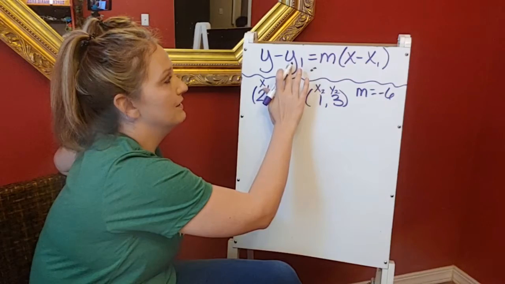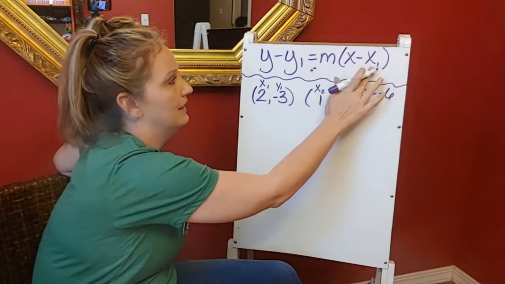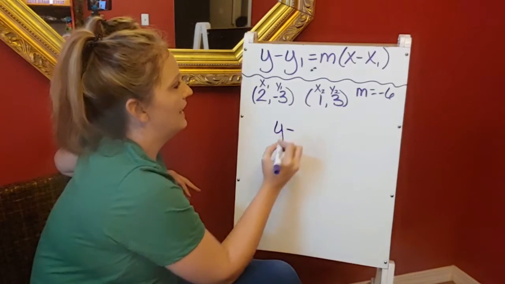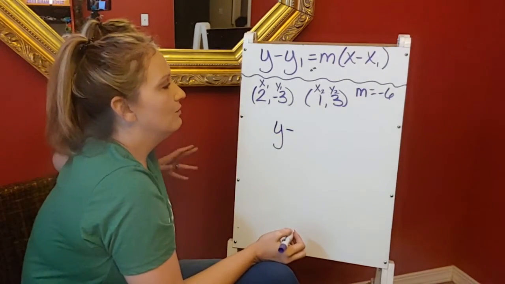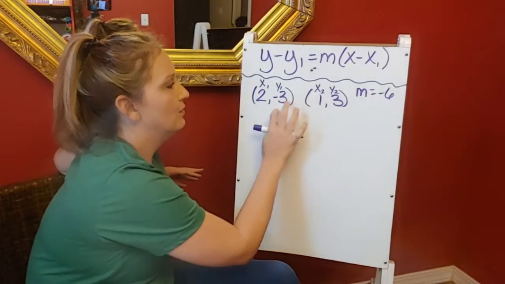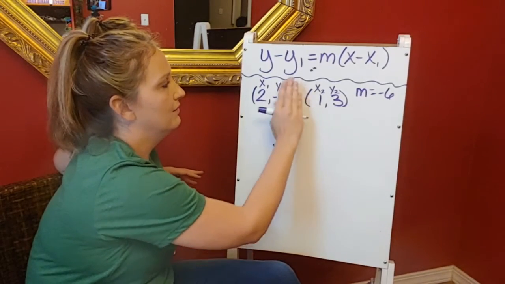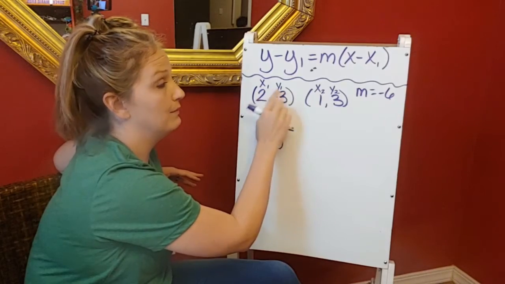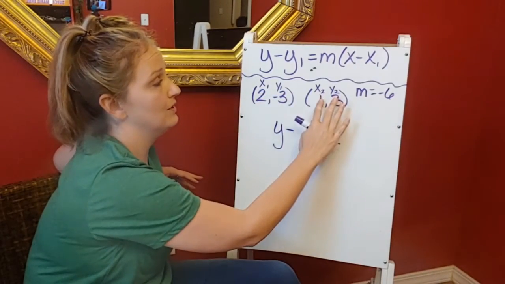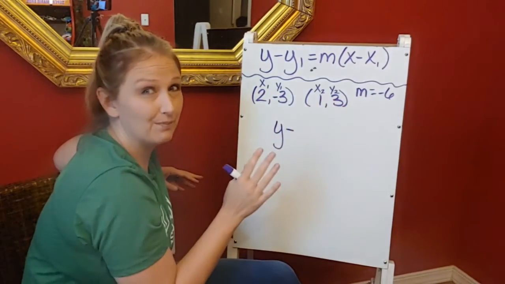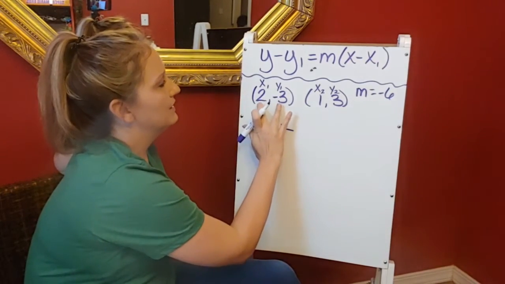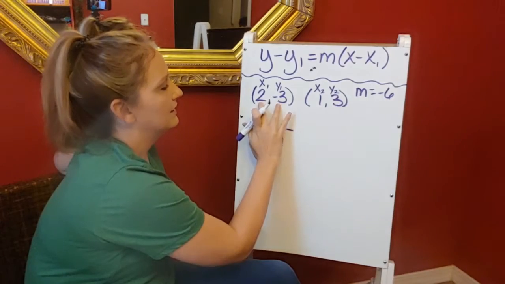We're going to substitute in for y1, m, and x1. Now whenever we do this, we can use either point. It does not matter. If you want to use the point labeled x1, y1, that's perfectly okay, but you could also use the other point and you'll get the same end result, the same end answer. But I'm going to go ahead and use this x1, y1 right here.